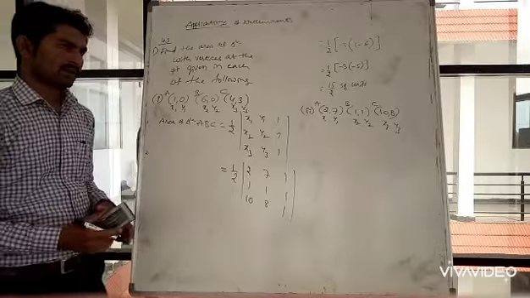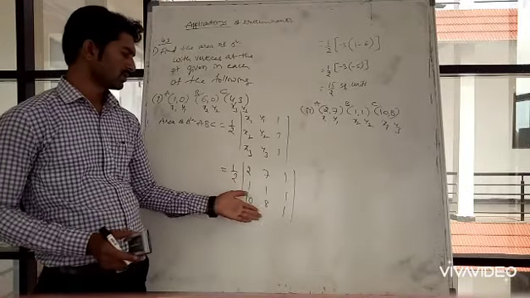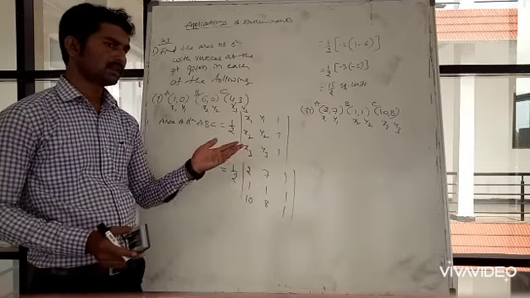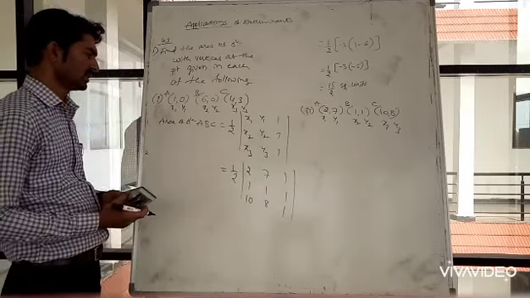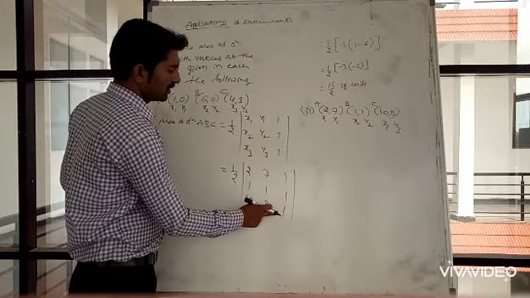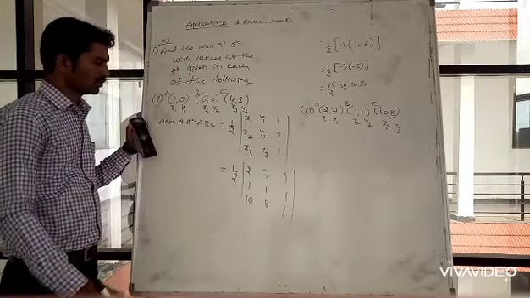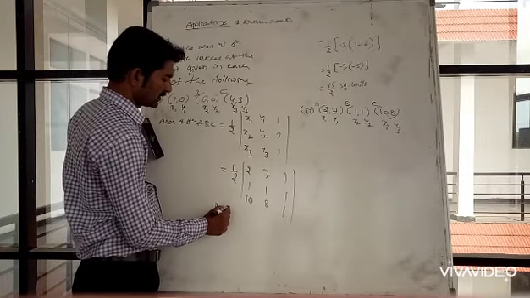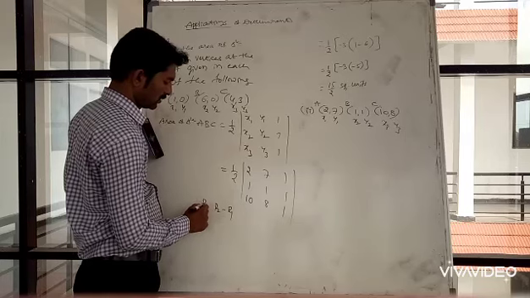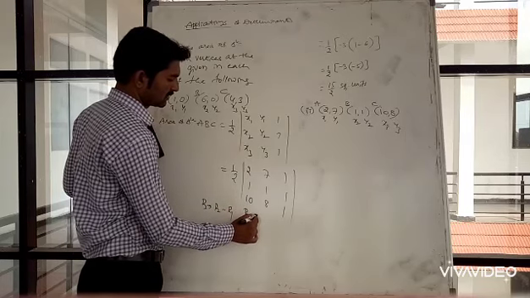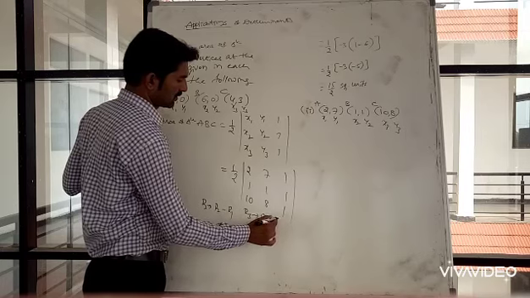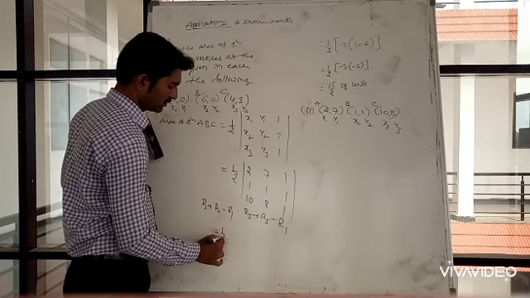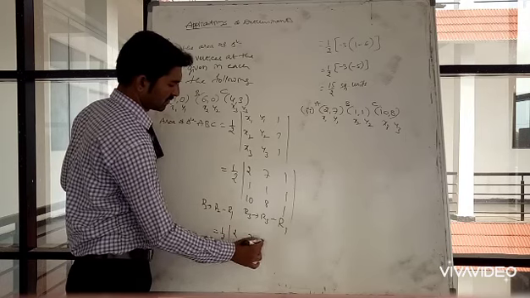Then apply the operations also: R2 minus R1, R3 minus R1, for an easy way of simplification. Otherwise you can directly expand it, that's no problem. 1 by 2, first row as it is: 2, 7, 1.